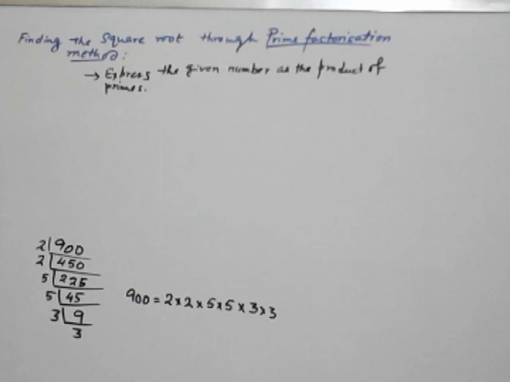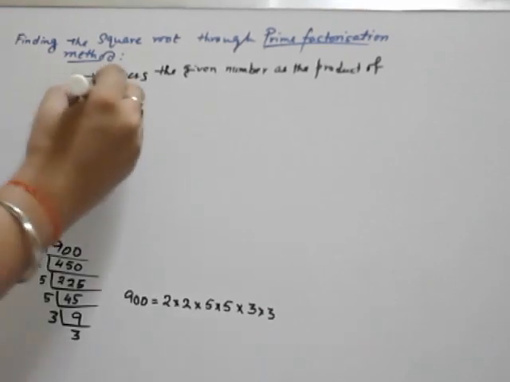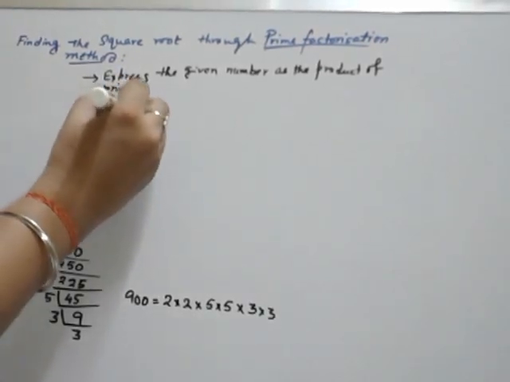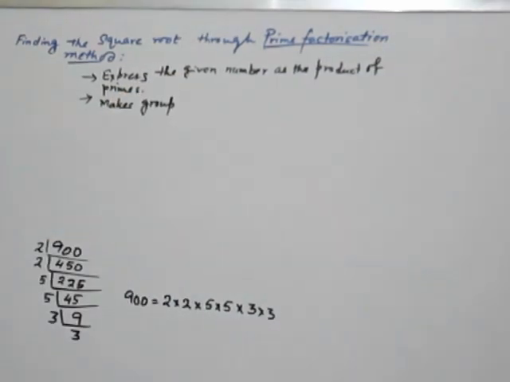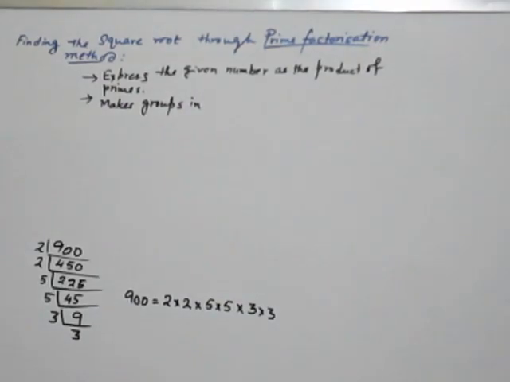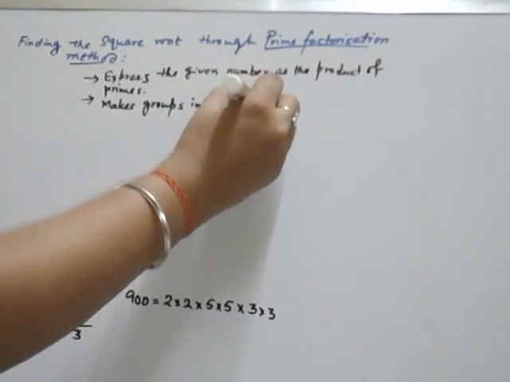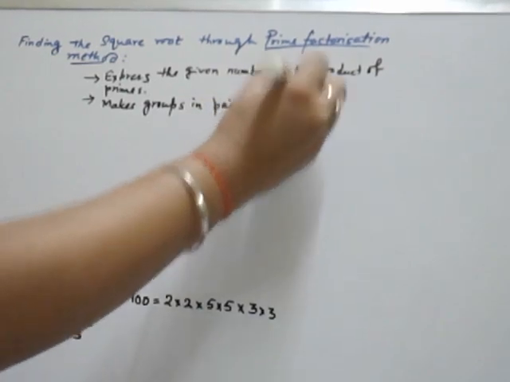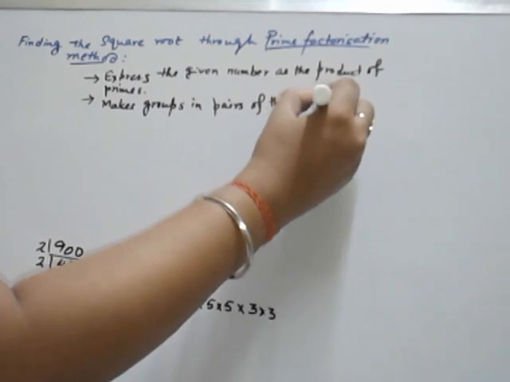Now the next step is to group in pairs the product of primes.